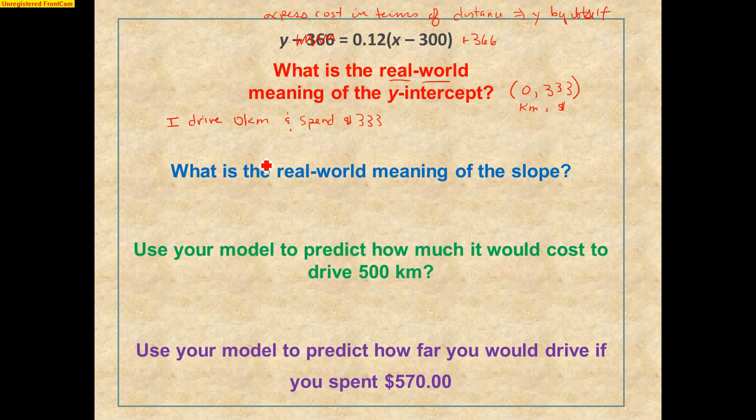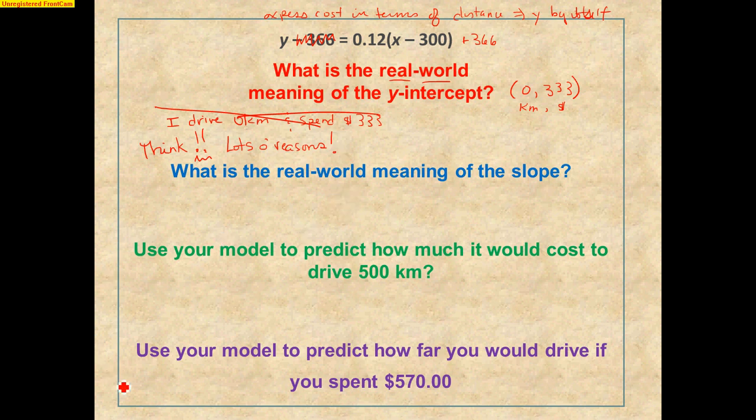I need you to think. What does this mean? We're talking about the cost of a car. Why would I drive nowhere and still have to pay some money for my car? Well, there are lots of reasons. All you have to think about is one.